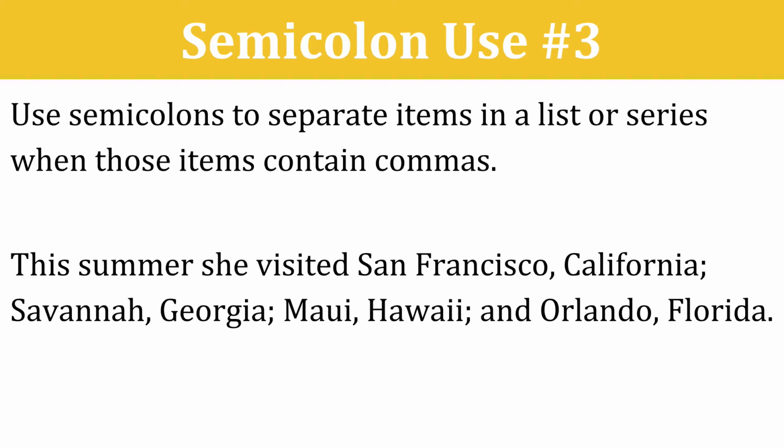Each of those items is a city, then a comma, and the state. Because there's a comma in each one of those items, you're going to then use the semicolon to separate the items in the list. Otherwise, you would have a ton of commas and it would be very hard for your reader to figure out where one item ends and the next item begins.